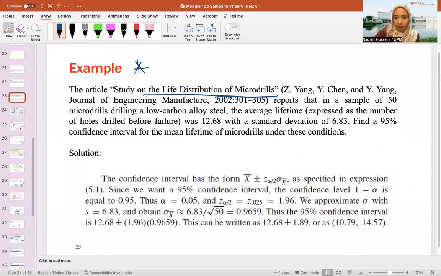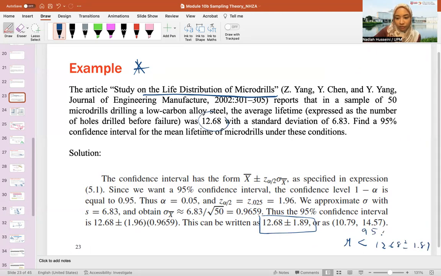So we talked about finding the 95% confidence interval for a sample mean of 12.68 with a standard deviation of 6.83, and we found this interval: 12.68 plus minus 1.89.